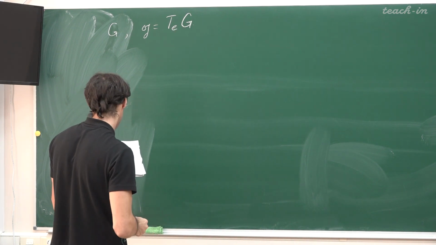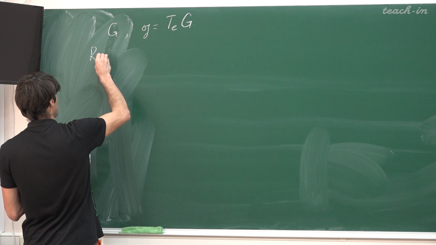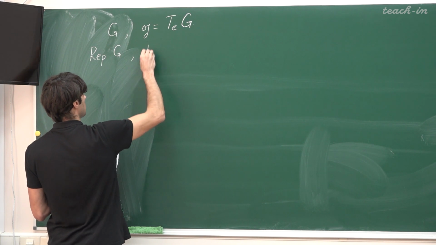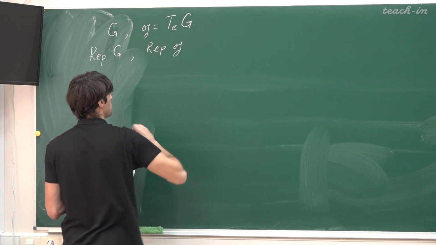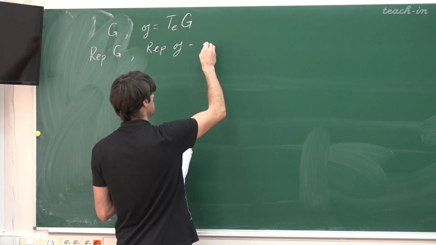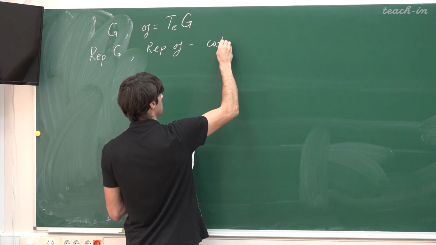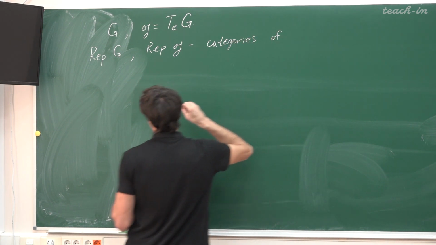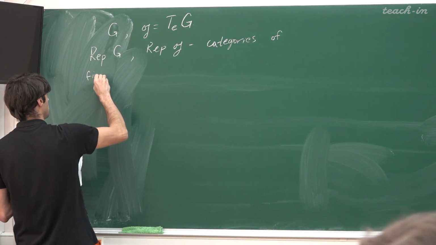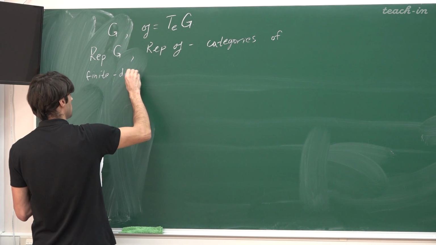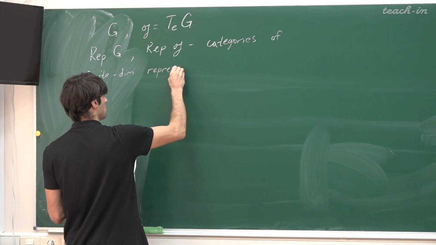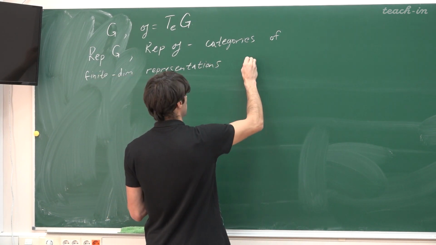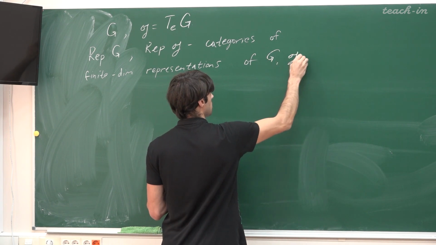And let me denote by Rep G and Rep 𝔤 the categories of finite dimensional representations of G and 𝔤 respectively.